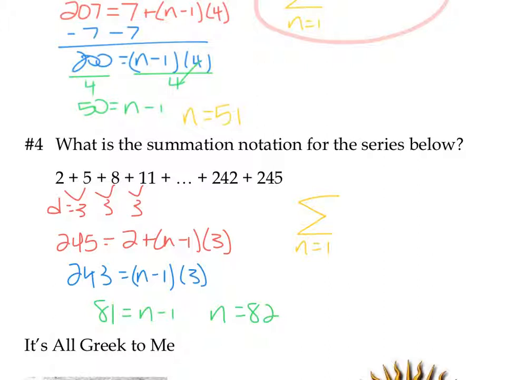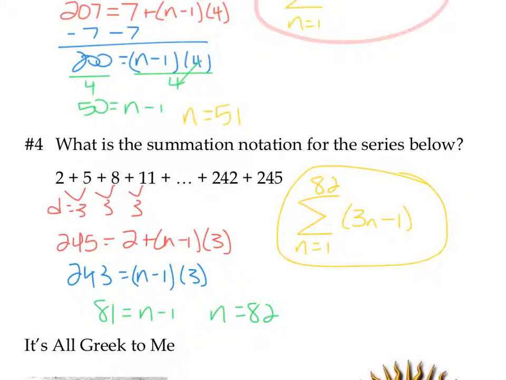n equals 1 up to 82. My common difference times n, so 3n. And if we plug a 1 in here, 3 times 1 is 3, but we want to have a 2, so we need to subtract 1 more from that. So I'm going to subtract 1. This would be our summation notation. See if it works: let's find this term right here.